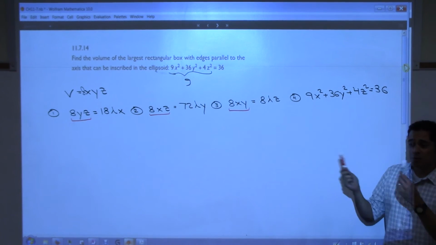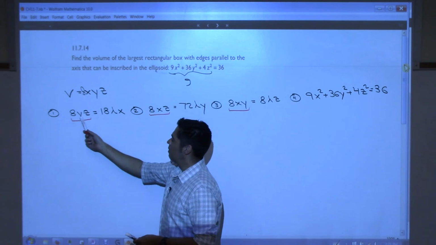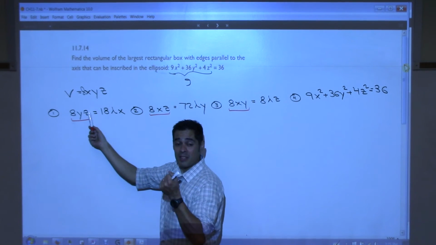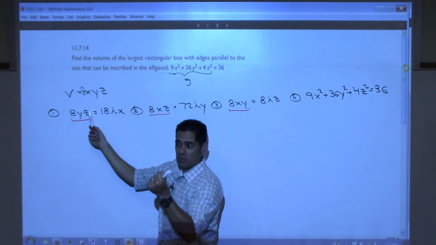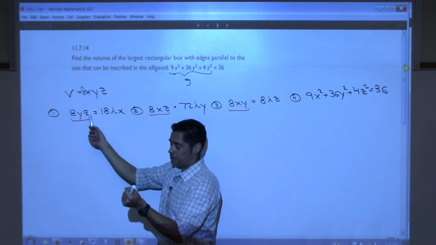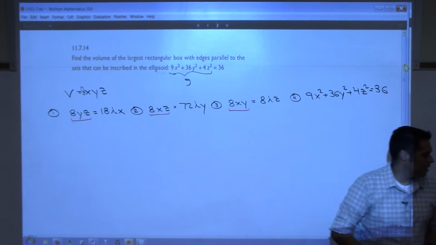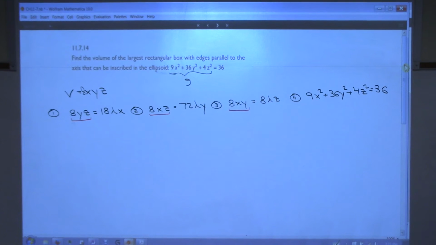And I could set them equal to each other? So how would I make this one 8xyz? Multiply both sides by x. But then I have to tell you, make sure that x is not 0, right? Now, am I going to need to go back and check what about when x is 0?